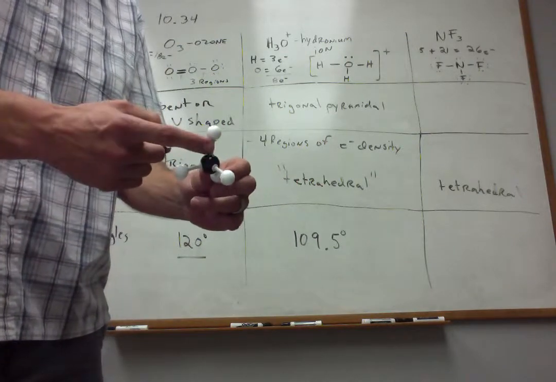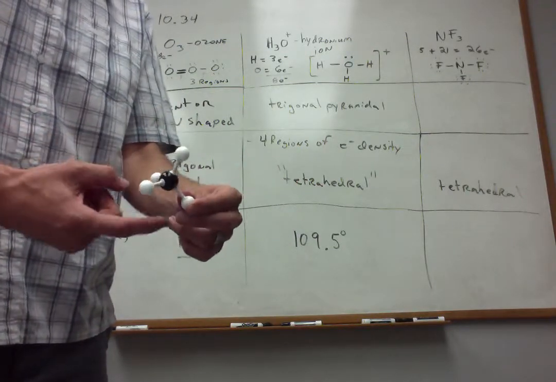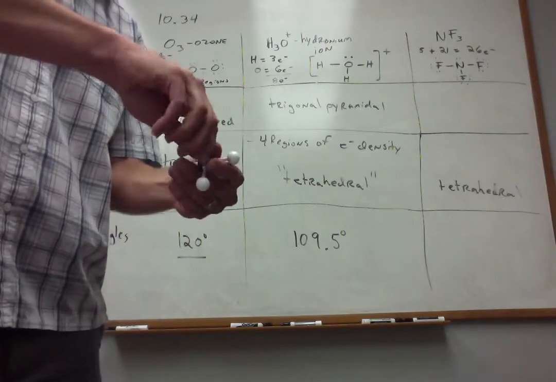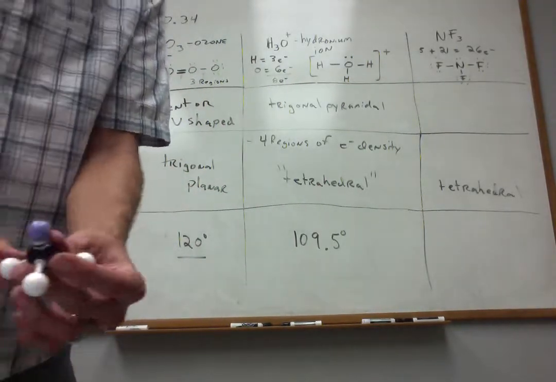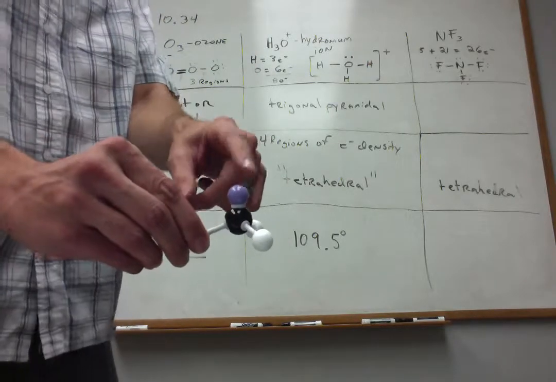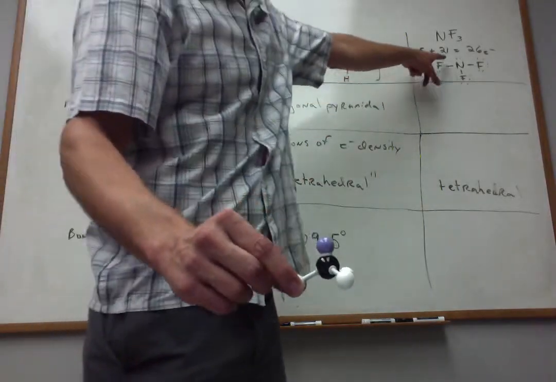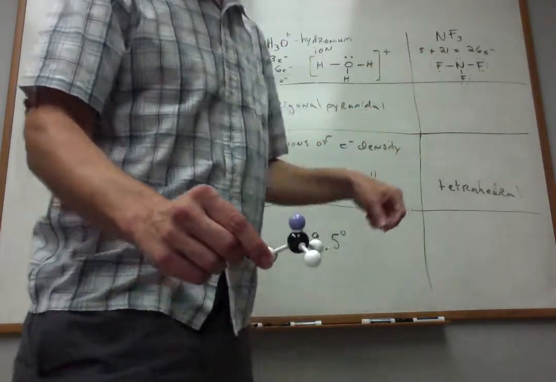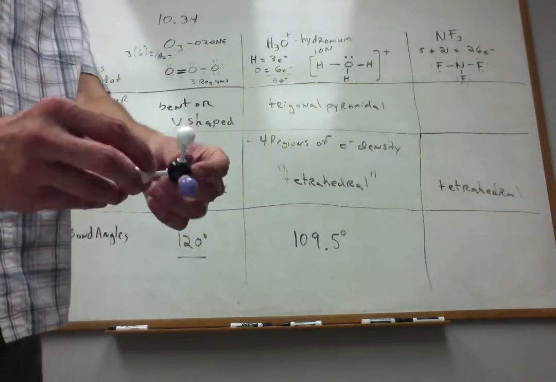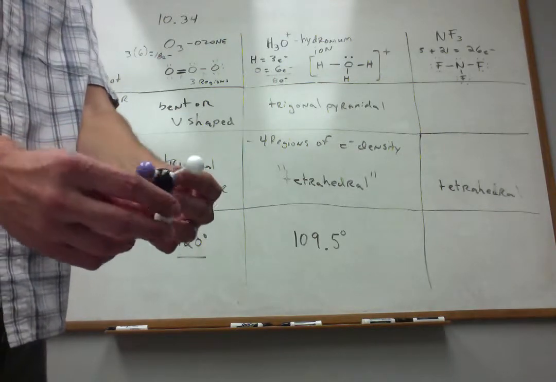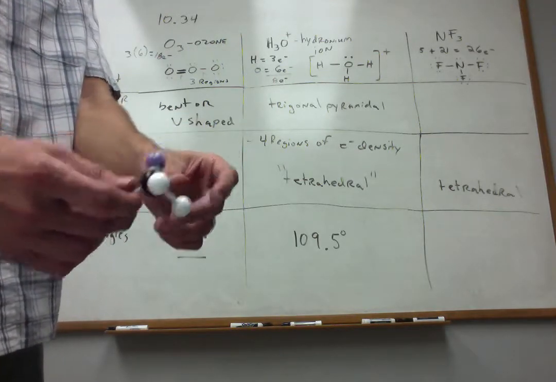But here we've got 4 bonding pairs. 1, 2, 3, 4. I'm going to replace one of those with a lone pair, just like I did in that previous example, right? So now this is my lone pair, just to give it a different color, because I have a lone pair up here, right? So isn't this geometry exactly the same as what we just considered?